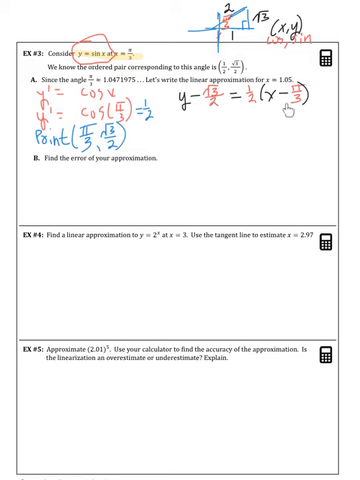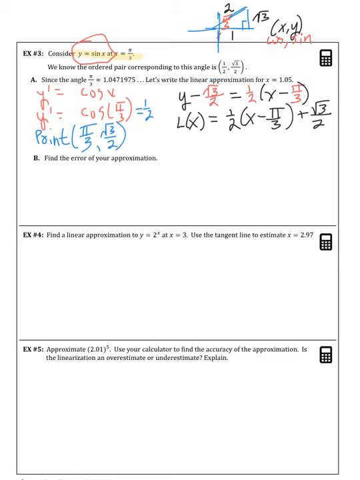We'll leave this just as it is and add that radical 3 over 2. So instead of y equals, I'm going to put L of x equals 1/2 times x minus pi over 3, and I'm adding that radical 3 over 2 to both sides, so plus radical 3 over 2. So there's our linear approximation equation.